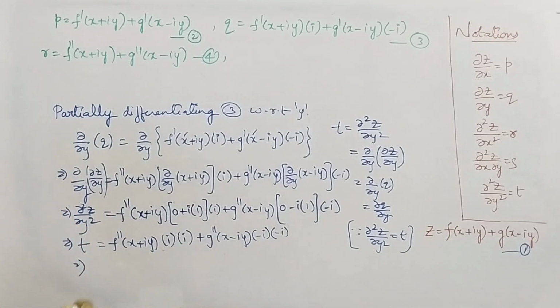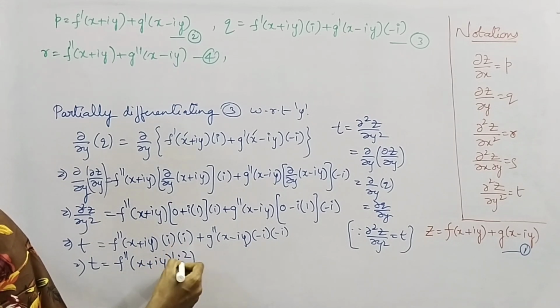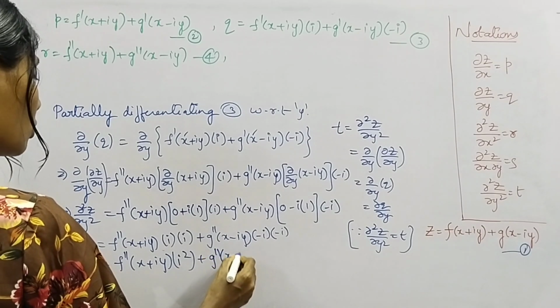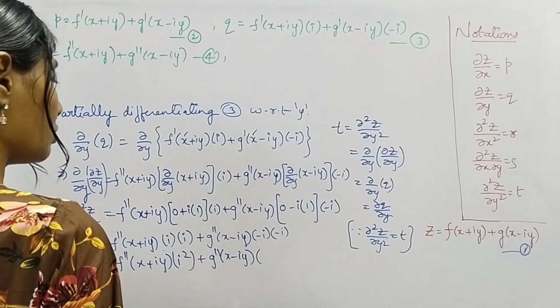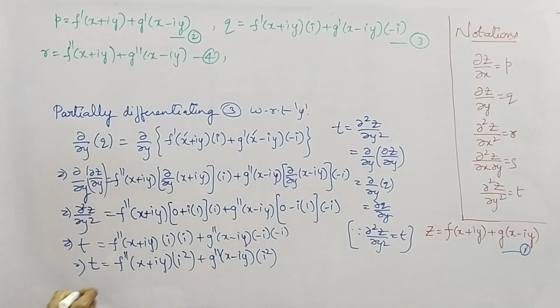This gives us t equal to f double dash of (x plus iy) into i square, plus g double dash of (x minus iy) into minus i into minus i, that is i square.